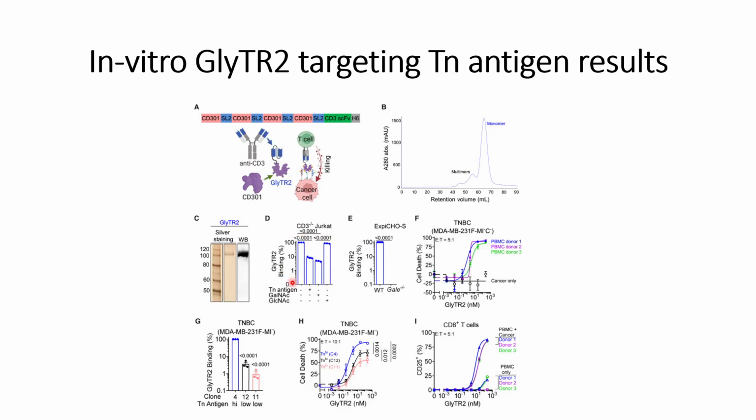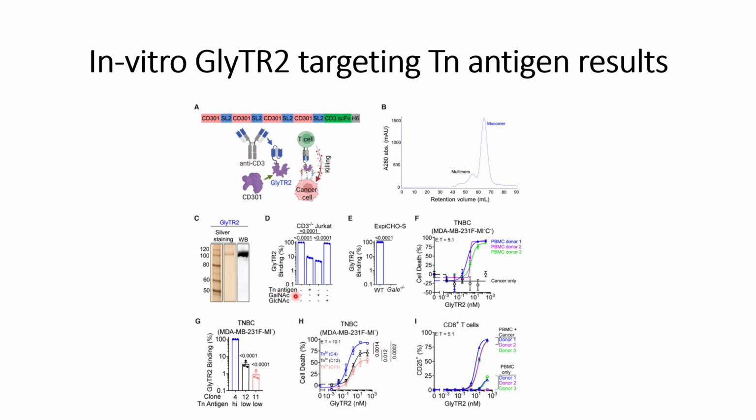To compete the CD301 binding to the Jurkat cells, they used soluble antigens: TN antigen, GalNAc antigen and GlcNAc antigen. TN antigen and GalNAc antigen have specificity towards CD301, so they will compete for the CD301 present in the BITE with the Jurkat cells.